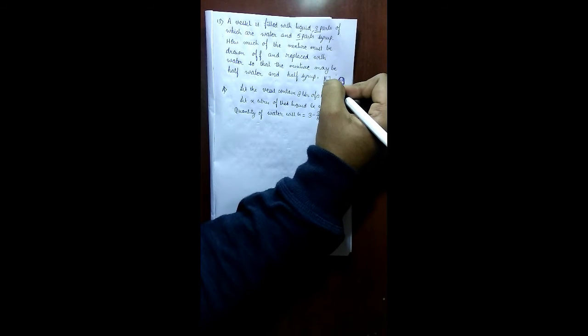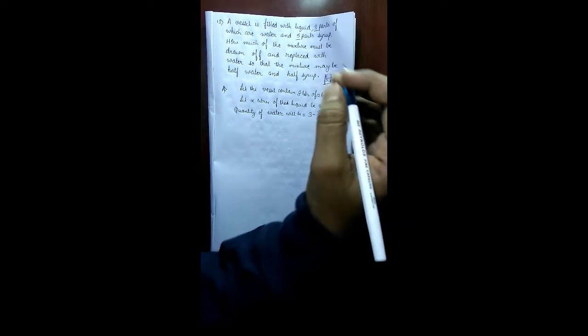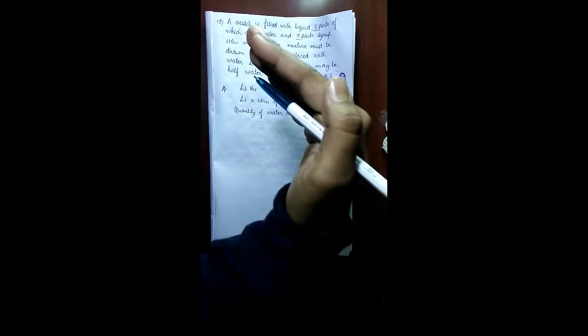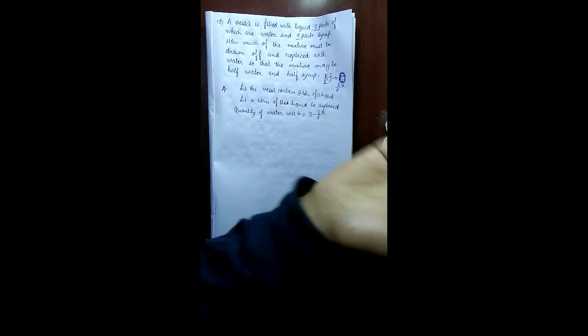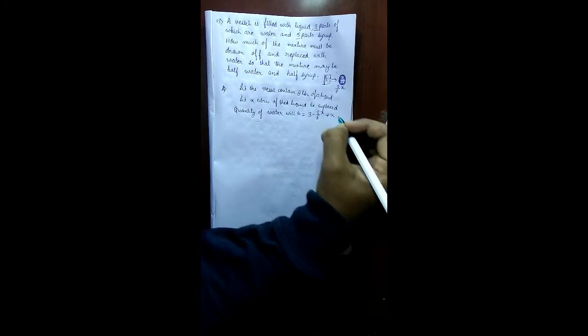That's what we are doing here. 3 is what part of the whole 8? So 3 by 8 of x is the water we are taking out with the liquid. And now, since we have taken x out, we will put x of water inside.